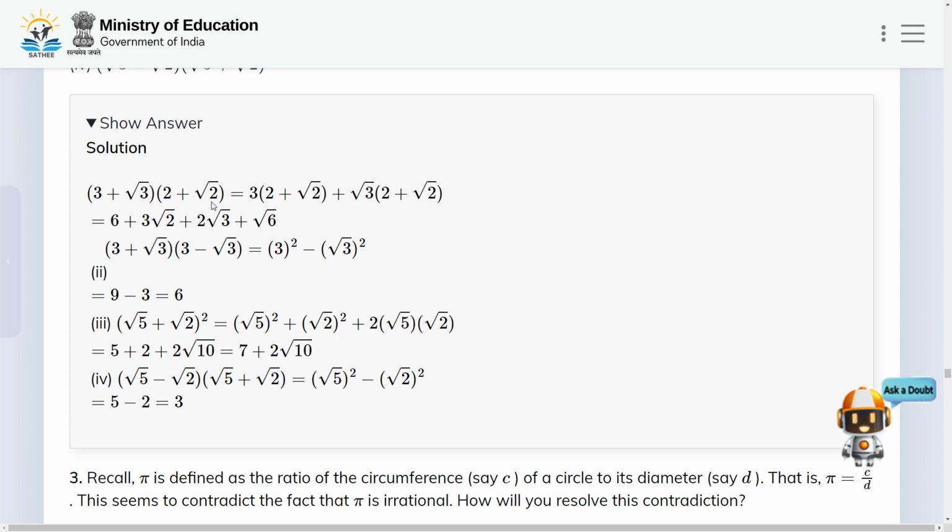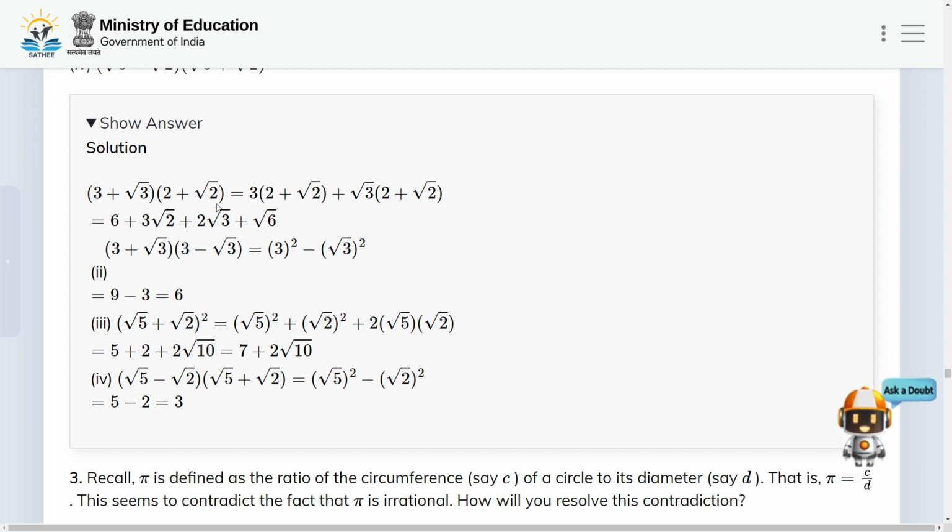So (3 + √3)(2 + √2) is equal to 3 × (2 + √2) + √3 × (2 + √2), and this is equal to 6 + 3√2 + 2√3 + √6.